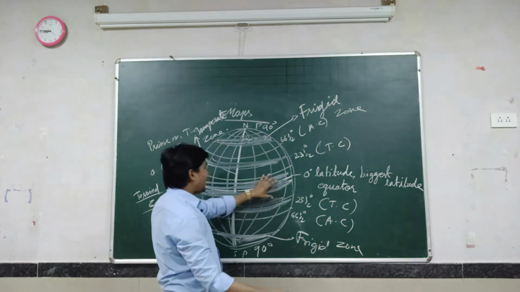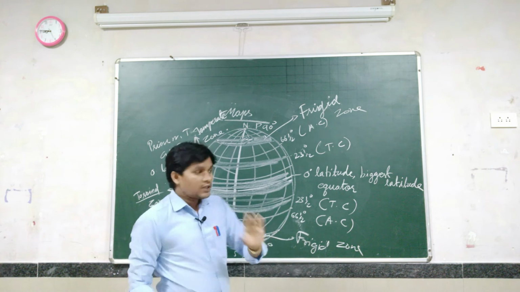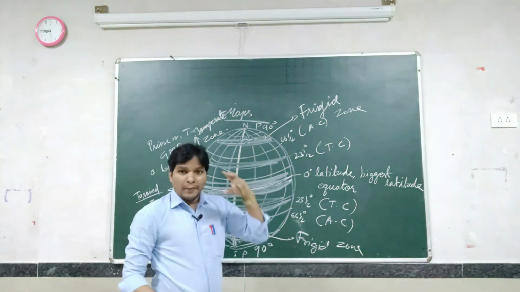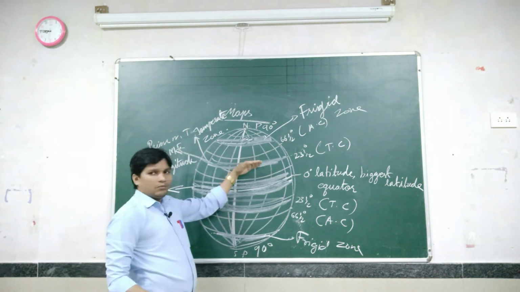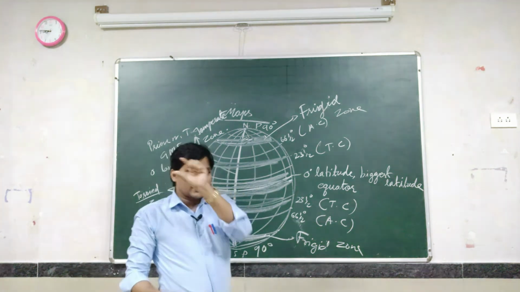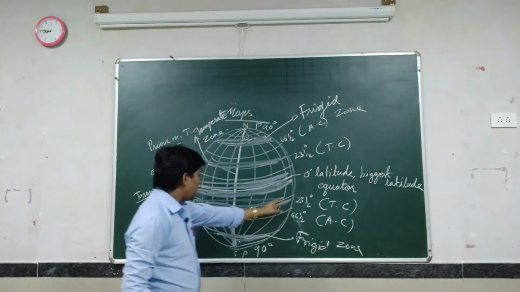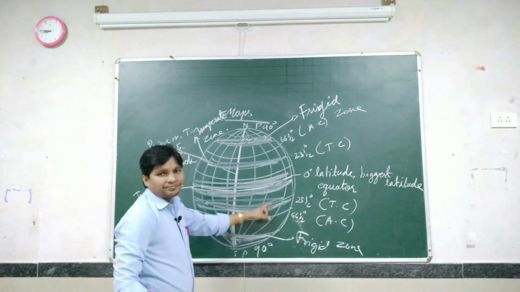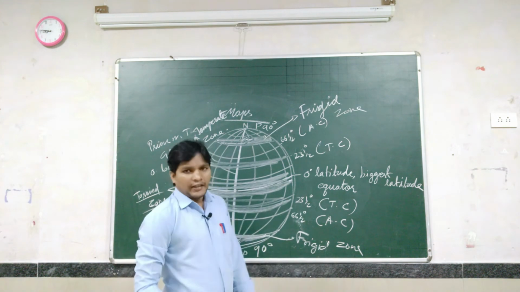The torrid zone generally comes on both sides of the equator, and then the temperate zone comes between the Tropic of Cancer and Tropic of Capricorn. Both sides of the Tropic of Cancer come under the temperate zone.